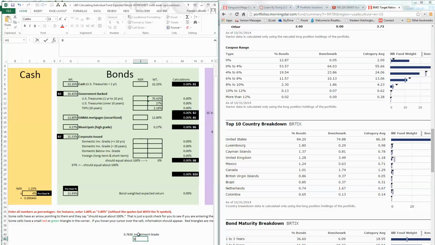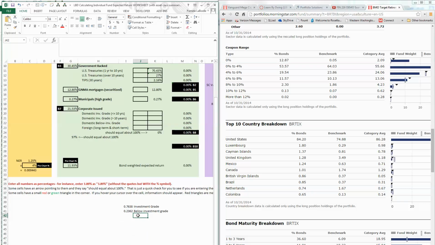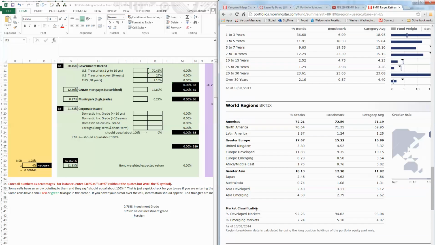So then I know below investment grade would be the rest, so 1 minus that. And then foreign bonds, not frog, foreign, that I have to look up down here.